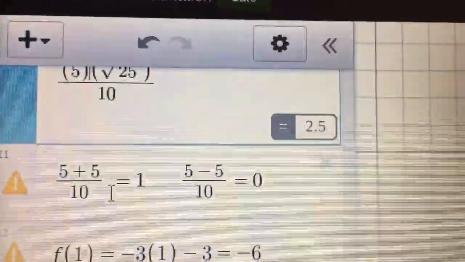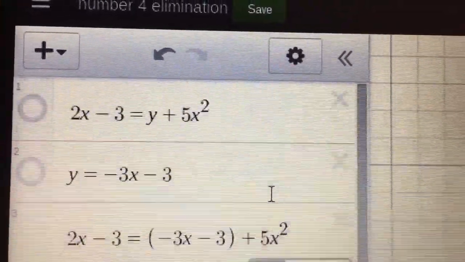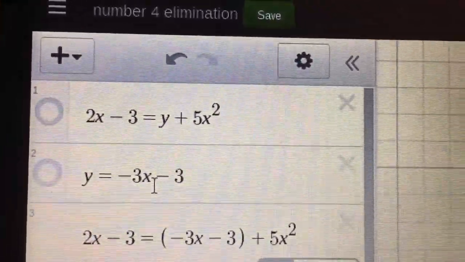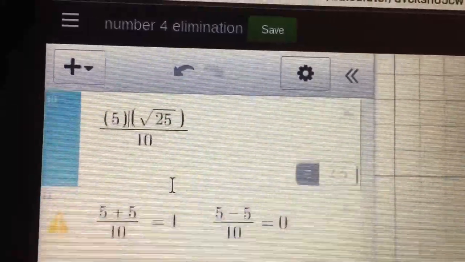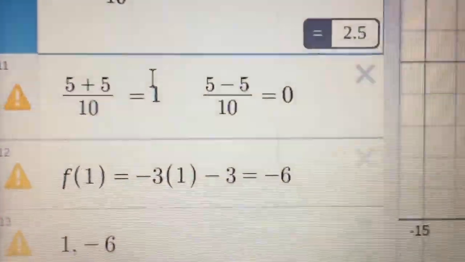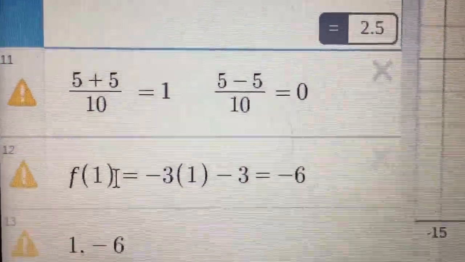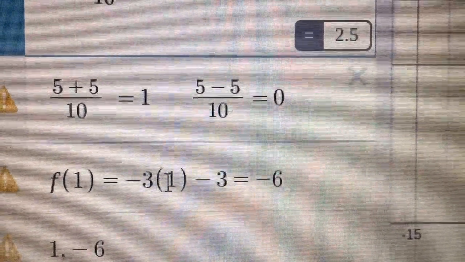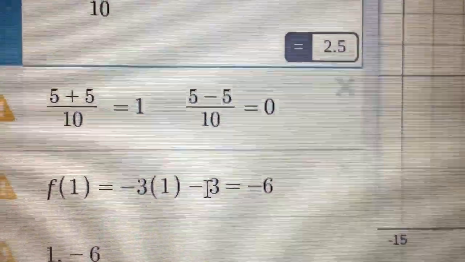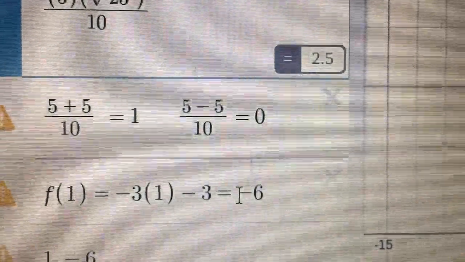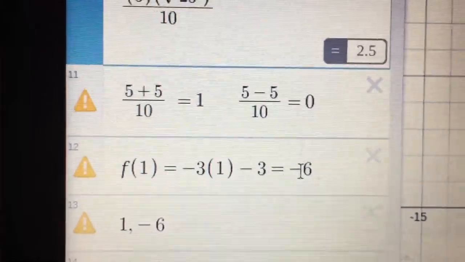We're going to take these two and plug them into our original y, okay? For this equation, to get our actual answer. So we're going to do y equals -3 times 1 minus 3, which would give us -6, okay?